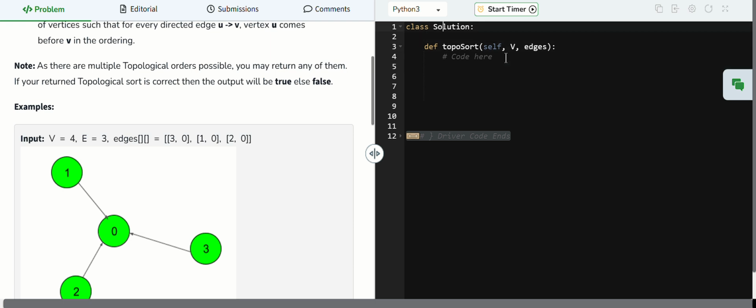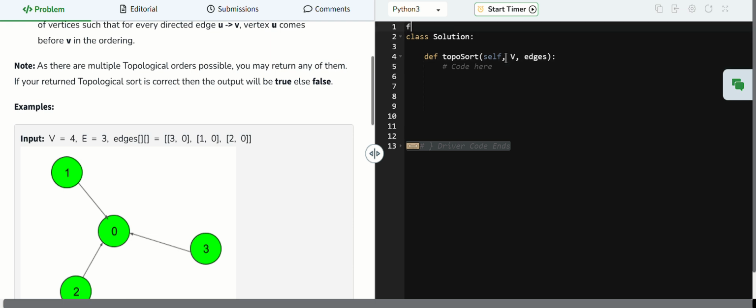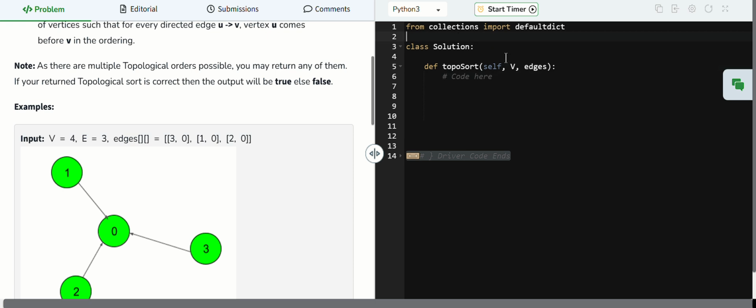First, I am making the graph using defaultdict, and I also have to import deque because we are going to use a BFS approach.